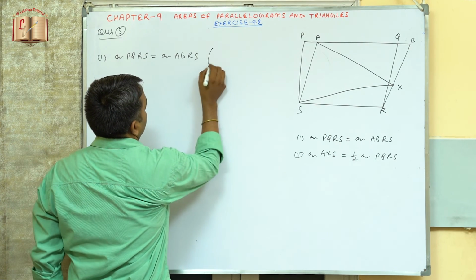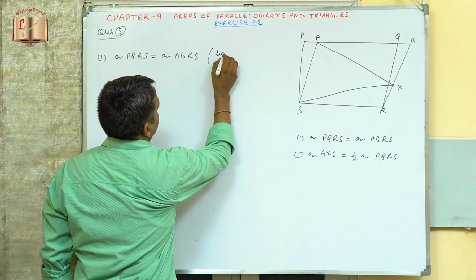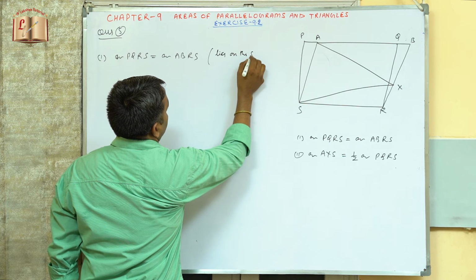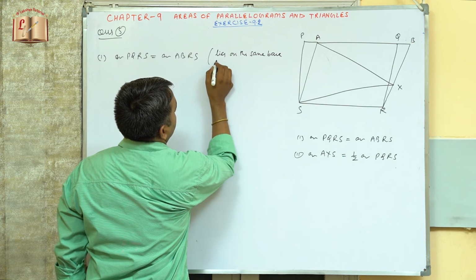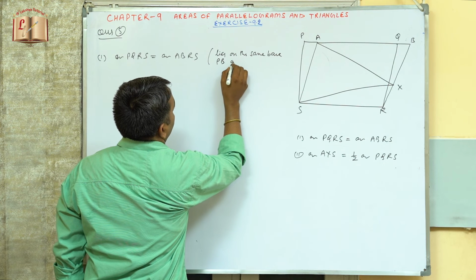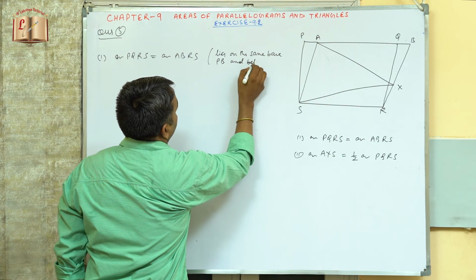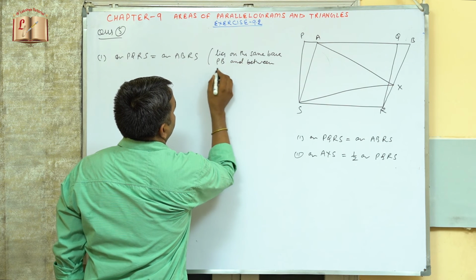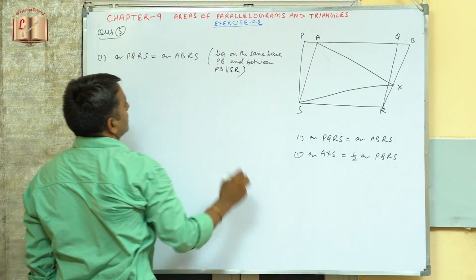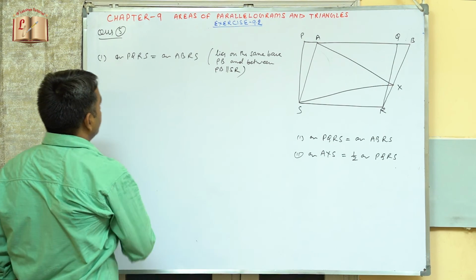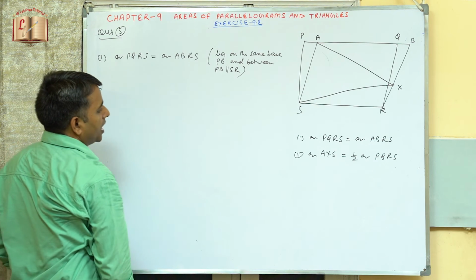This is equal because they lie on the same base PB and between PB parallel SR. So their areas are same. Now coming to the second part.